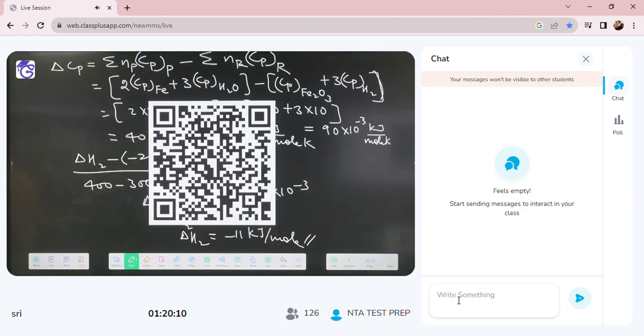Please have your food properly and then keep on studying. Hopefully now it is done. QR code people have scanned now.